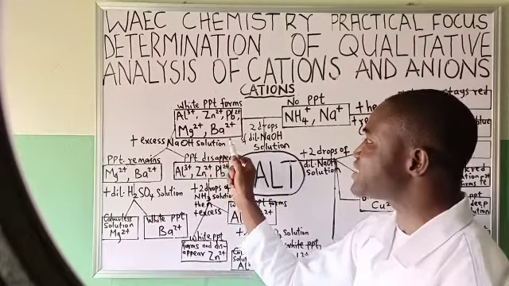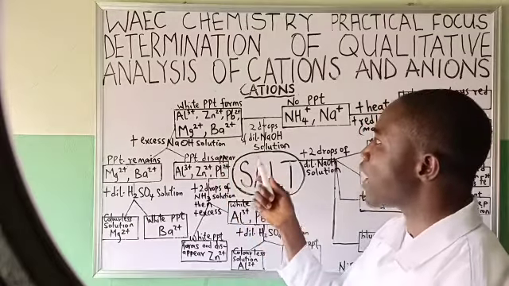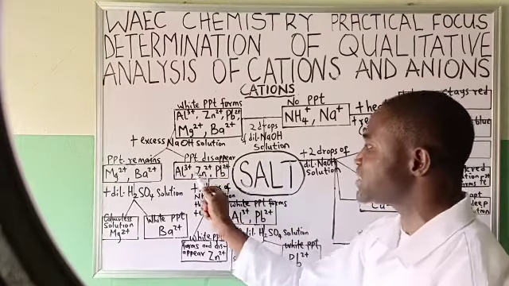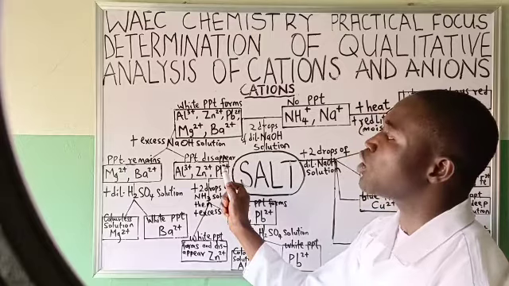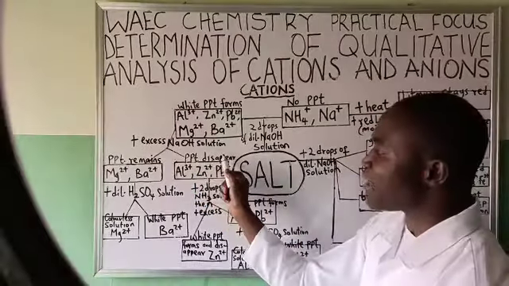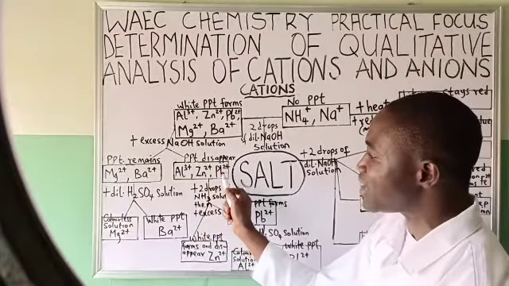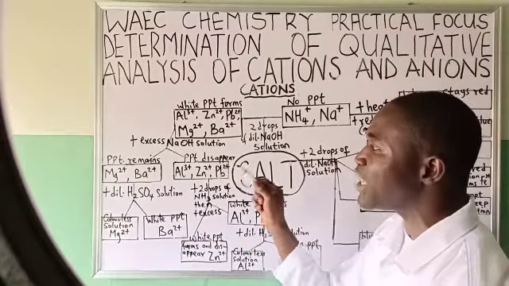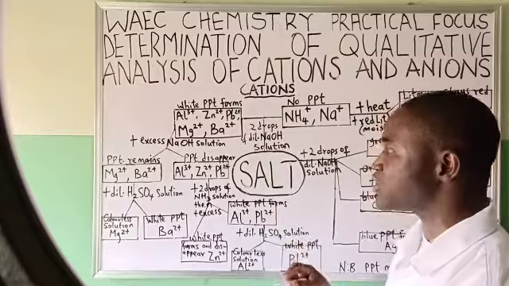But if the precipitate disappears, that is, no white precipitate is formed, these are soluble in what? Excess sodium hydroxide. Once the precipitate disappears, it means aluminium, zinc, and lead are soluble in excess sodium hydroxide solution.